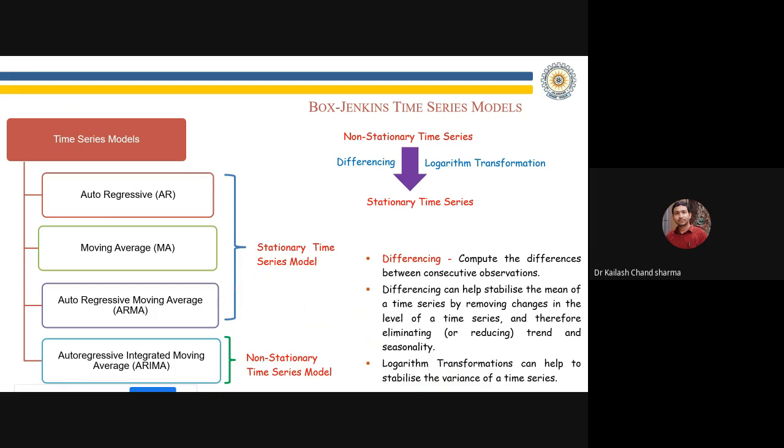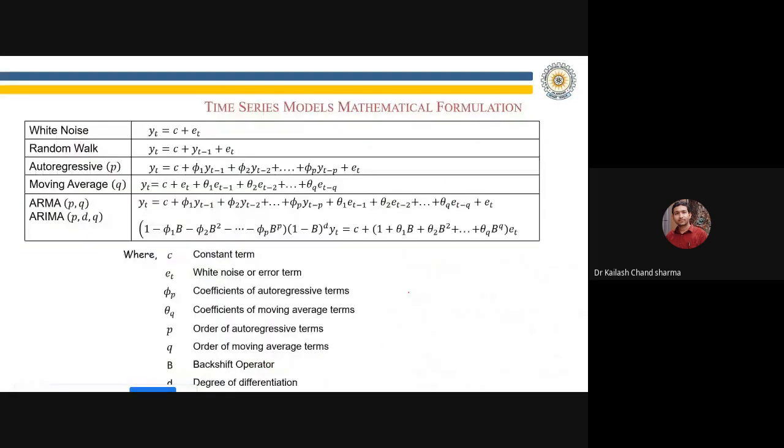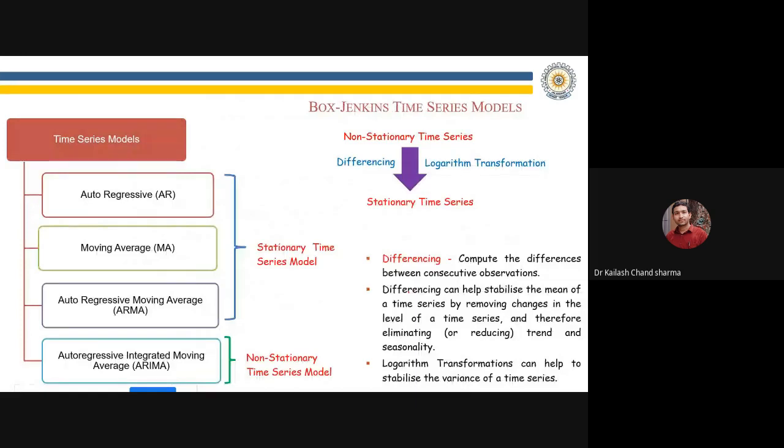To check and convert stationary and non-stationary data is very simple. We can easily convert non-stationary data to stationary data by differencing or logarithm transformation. Differencing can stabilize the mean value, and logarithm transform can stabilize the variance. What is the meaning of stationary data? The mean and variance should be constant throughout time.